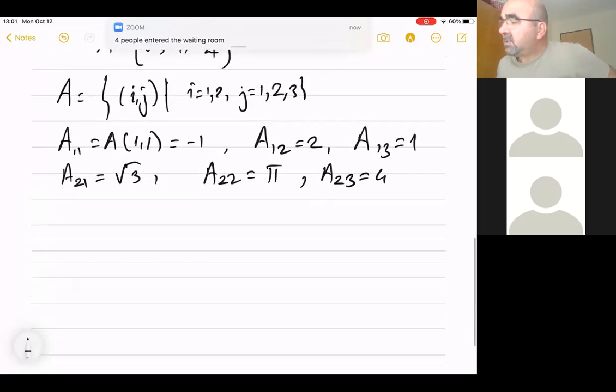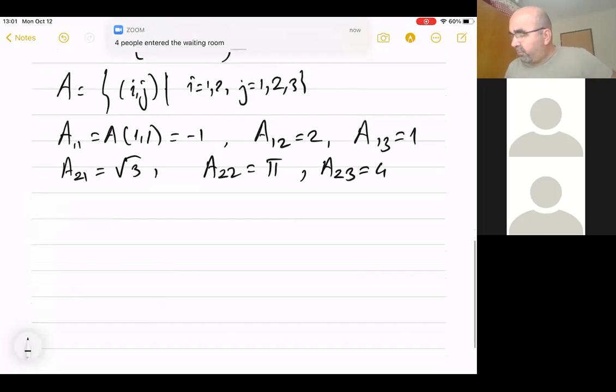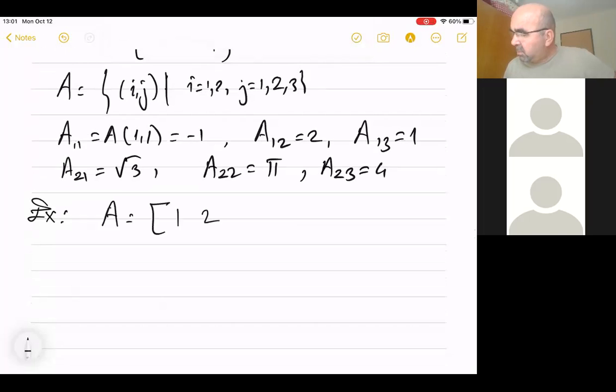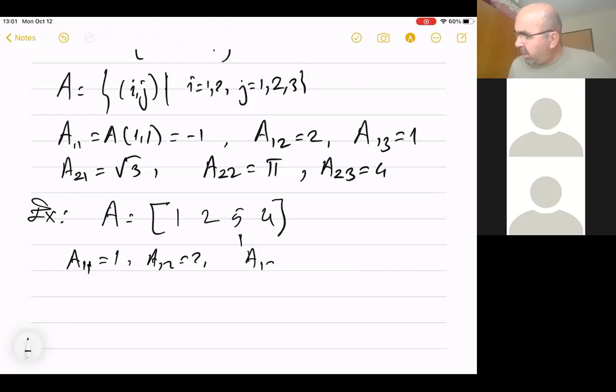So these are matrices. We just denote the function as an array like this. Or we may have another example, a function like this, 1, 2, let's say 5, 4, for example, so that it has only one row. A11 is 1, a12 is 2, etc. This is a13, this is a14.